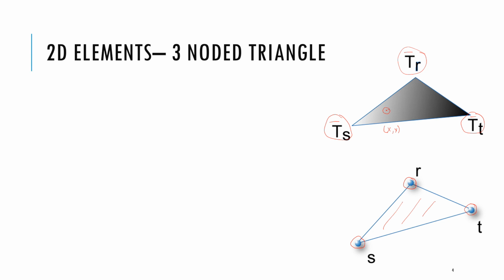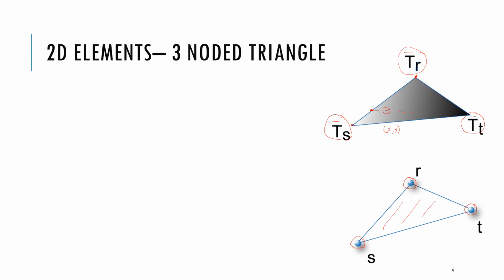Let's see how. So suppose I join this line. It's kind of hard to see, and so that intersects here on this line. So I do 2 sets of interpolation. First, I interpolate between TR and TS to find this temperature.